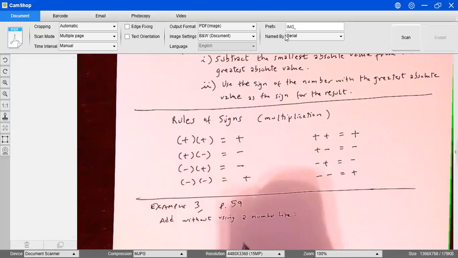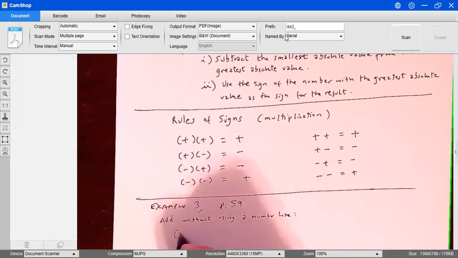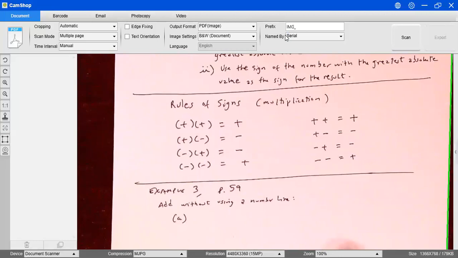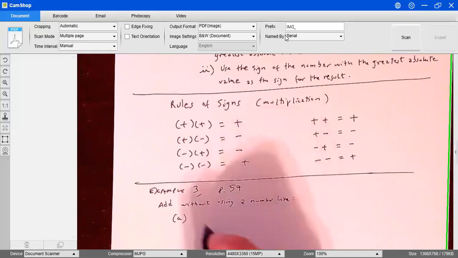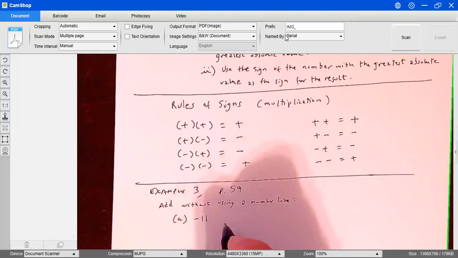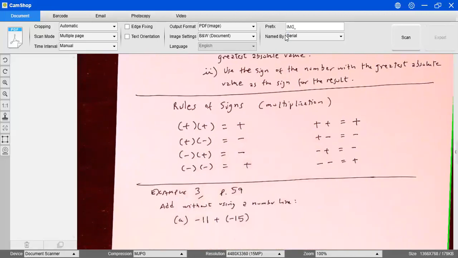And we have 3 cases. We're going to start with the first one. The first one is just negative 11 plus negative 15. So we're going to add these two numbers.